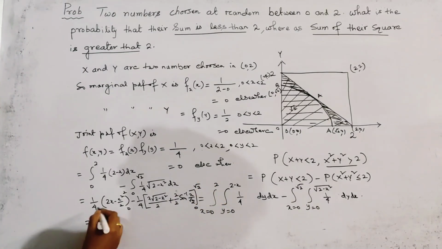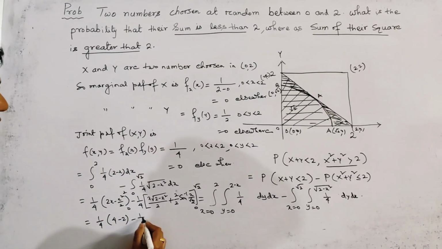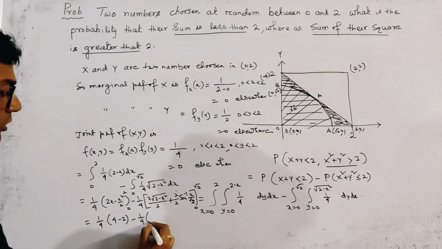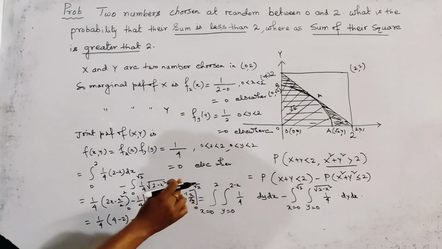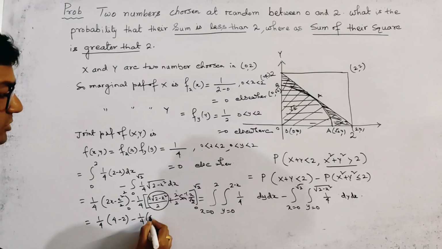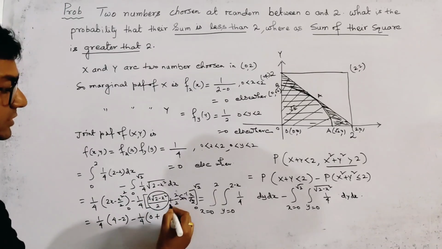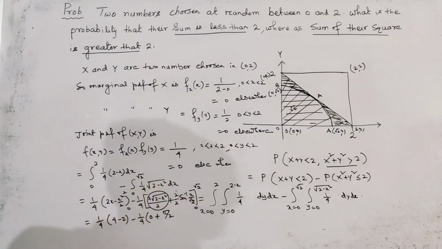Now putting the range into the integration, we get 1 by 4 into (4 minus 2), minus 1 by 4 into the value of the first term, which is 0 at both upper and lower limits, so its contribution is 0, plus sine inverse of 1, which is pi by 2, minus 0, so we get pi by 2.